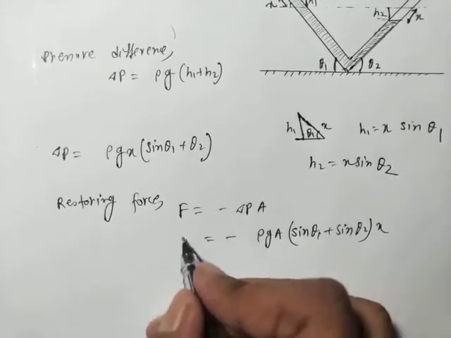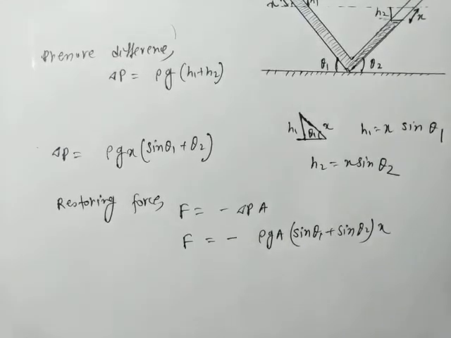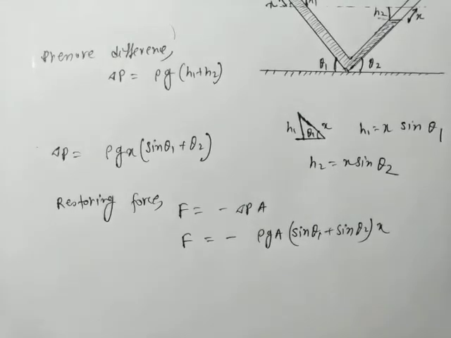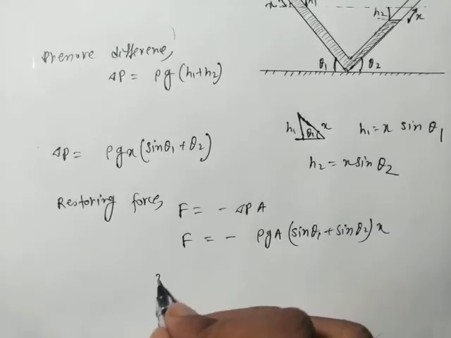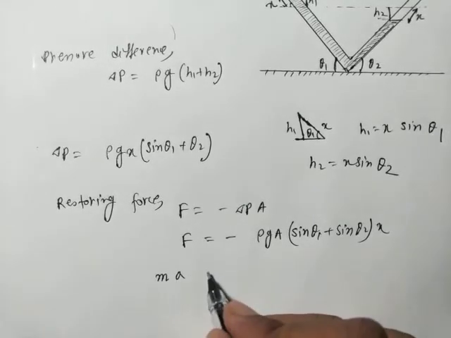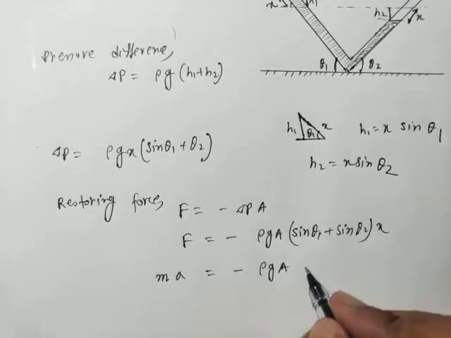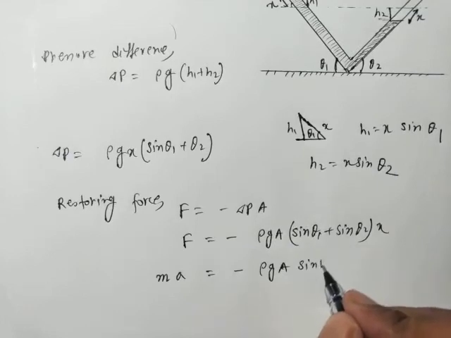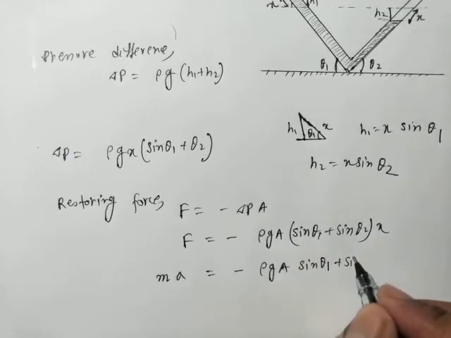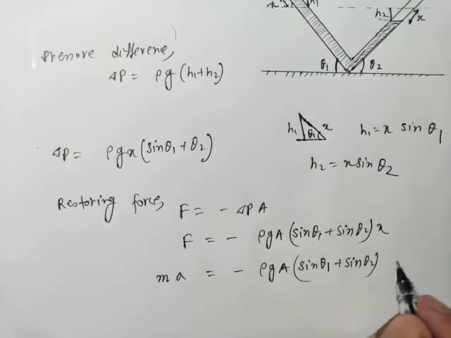This is the restoring force, and if force equals mass into acceleration, then ma is equal to minus rho g A (sin theta 1 plus sin theta 2) into x.